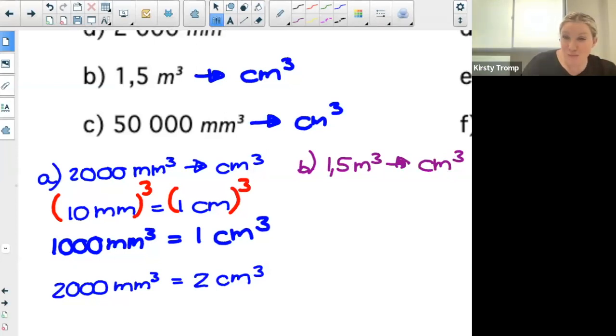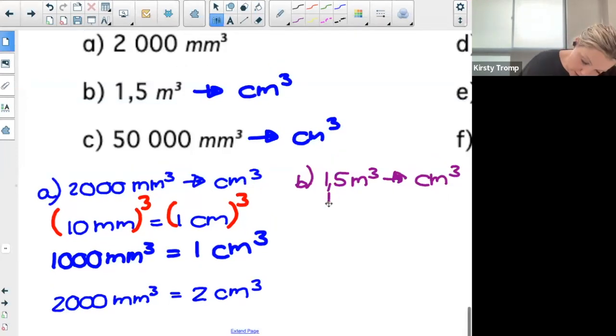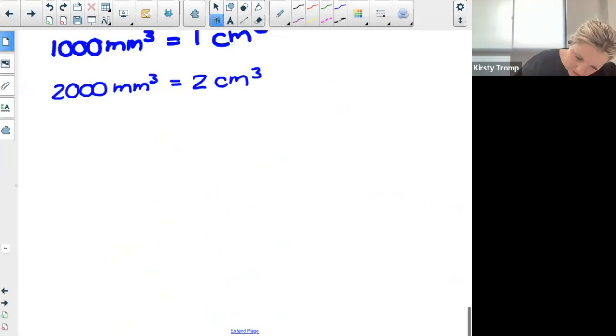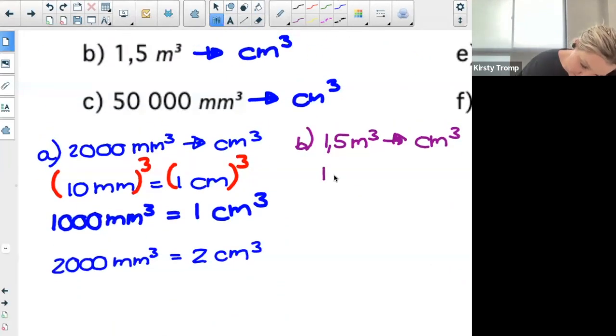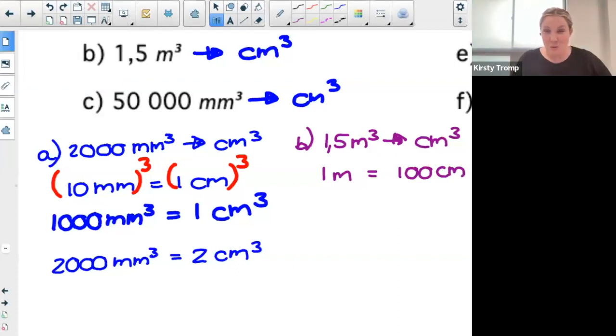The first and most important thing I need to say to myself is that 1 meter equals 100 centimeters. That's the most important thing. 1 meter equals 100 centimeters. Now I tell myself, what do I need to do to both sides? I need to cube them.